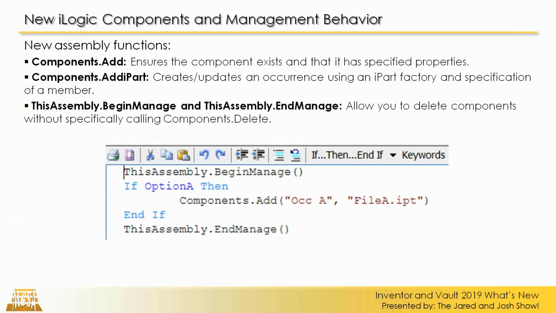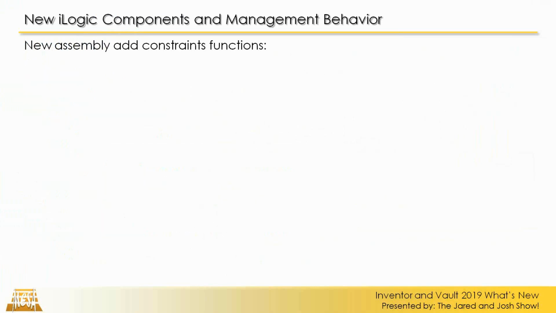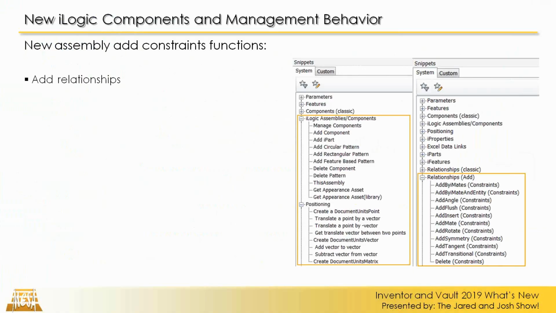So new iLogic functionality that has launched in 2019. So there's some new functions to be able to add parts and iParts into a design. There's also new workflows for adding constraints in the iLogic interface. So being able to add, remove components, being able to add constraints.